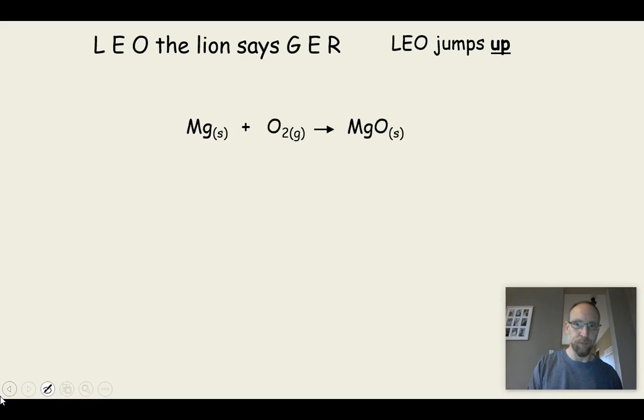So let's look at an example. You might have heard the term oxidation before, like if I leave something out and it rusts, a piece of iron. So that's kind of the same thing that's going on. When iron reacts with air and the oxygen, you get iron oxide, which is rust. So it's kind of similar to this reaction here that we're using as an example. If I just used iron instead of magnesium, that would give us our iron oxide.